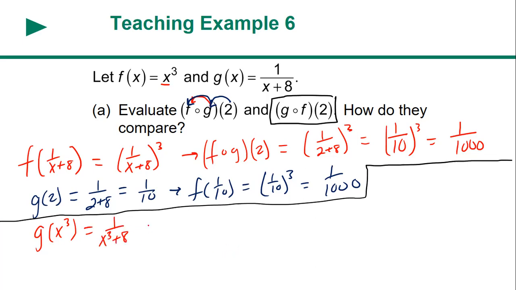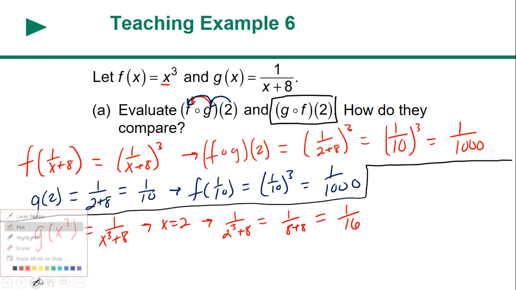And now when I evaluate at X equals 2, that's gonna give me 1/2 to the third plus 8, which equals 1/8 plus 8, which is 1/16. So if you chose to do the red, that's how the red would go.